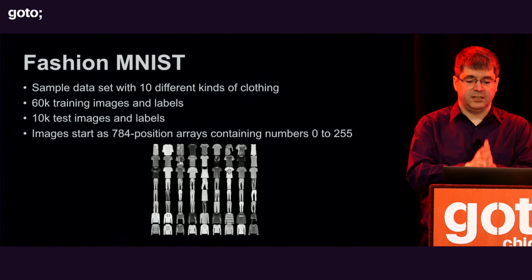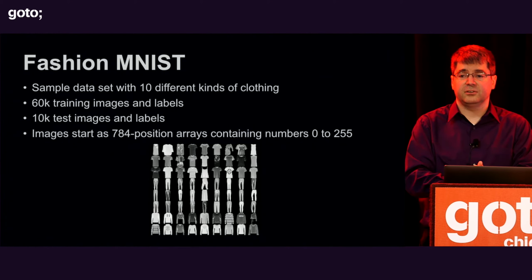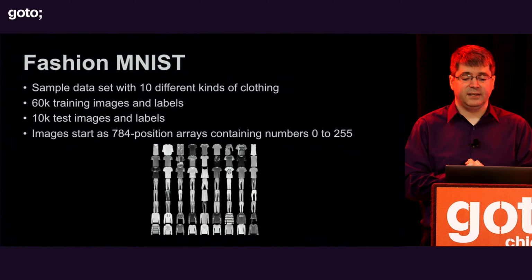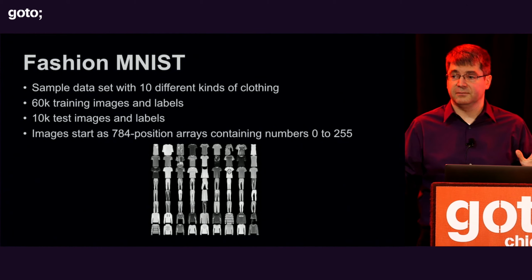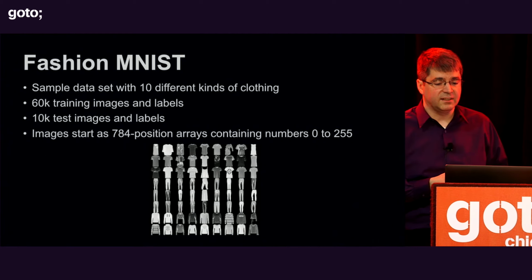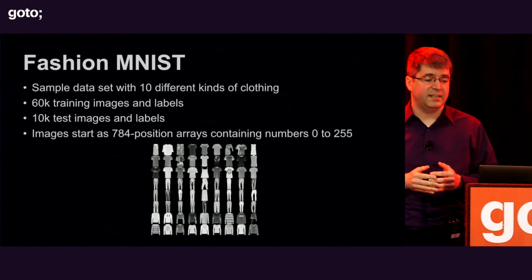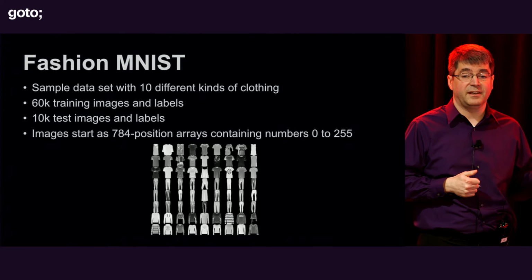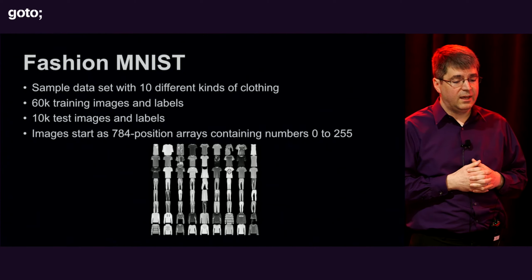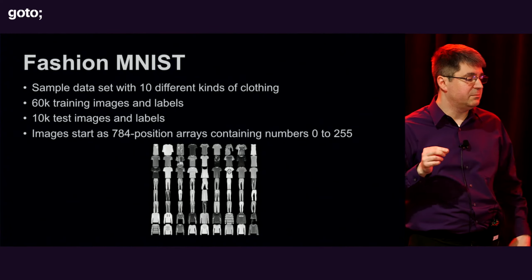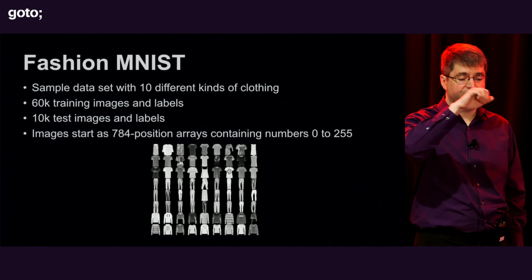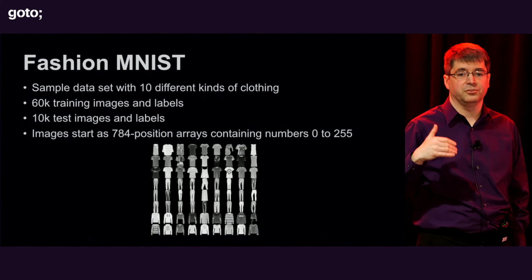What we're going to do is train up, actually in the session, I've got everything running on my laptop, so this is going to be our on-premise Kubernetes cluster. We're going to train up a computer vision model to be able to recognize 10 different kinds of clothing. The data set that allows us to do this is called the Fashion MNIST data set. It's got 60,000 training images and their labels and 10,000 test images and their labels. The thing to understand is the way that this data comes to us is 784 position arrays containing numbers 0 through 255.